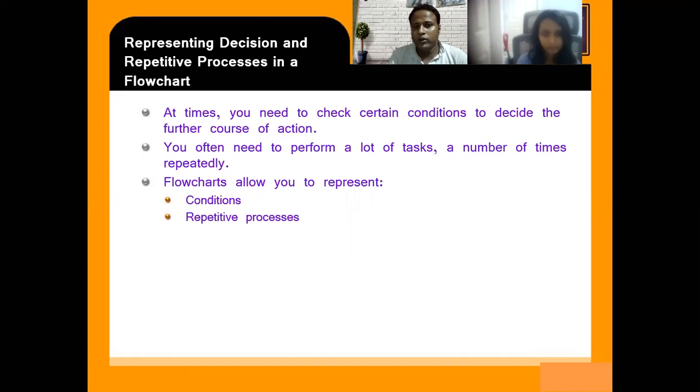When you draw the flowchart, you have to represent all the logic in the form of symbols, and join all the symbols through the flow line.